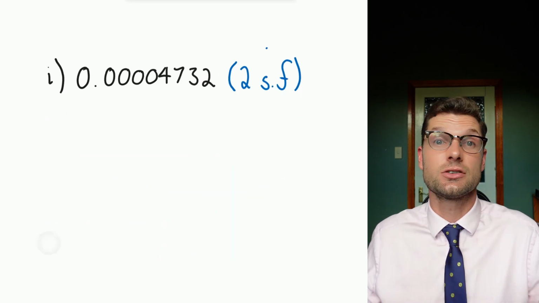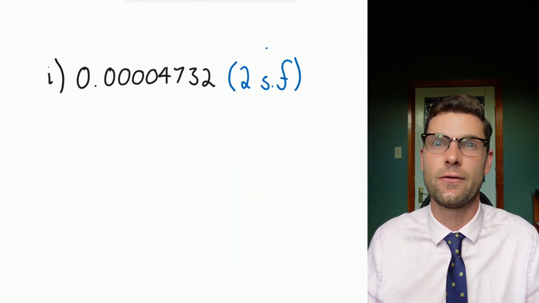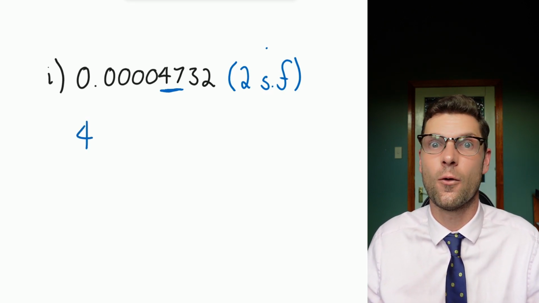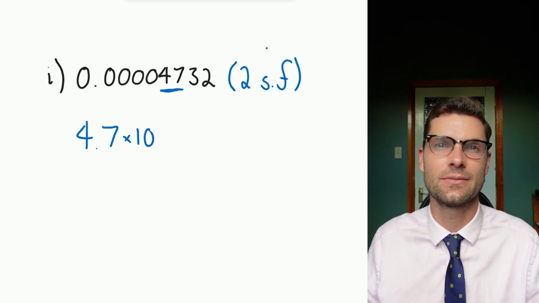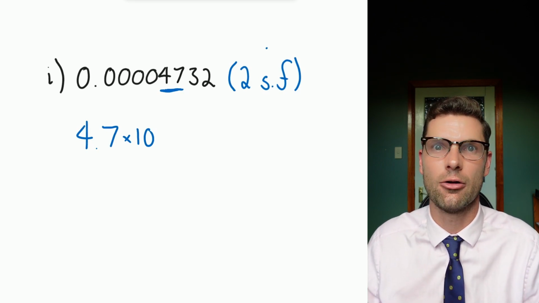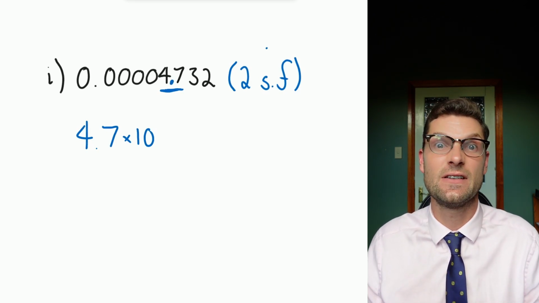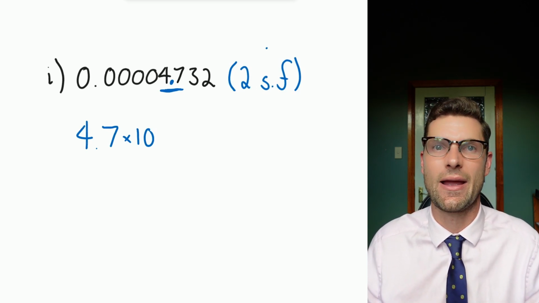So this question here is looking for our answer to 2 significant figures. The first 2 non-zero numbers are our significant figures, so it's going to be 4.7 times 10. We can get to that immediately. The only hard thing is, what is this times 10 to the power of? Again, I want you to put a dot point either physically or in your mind in between the 4 and the 7, where we put it for our answer.